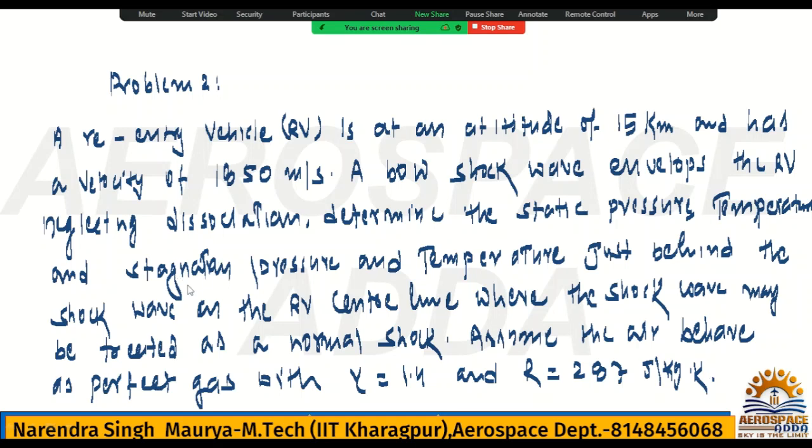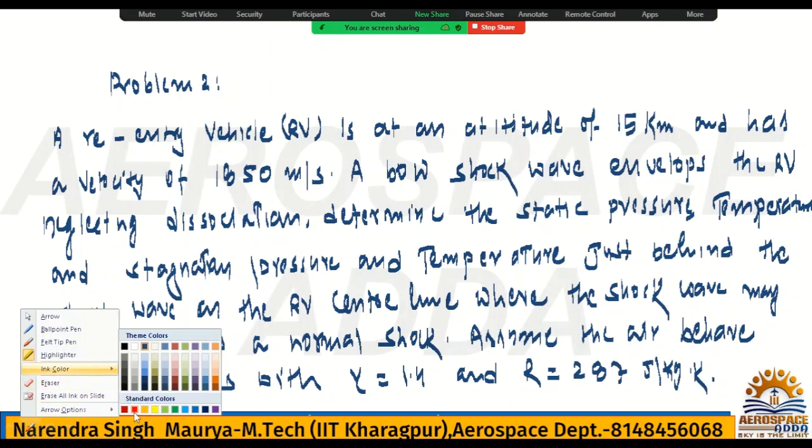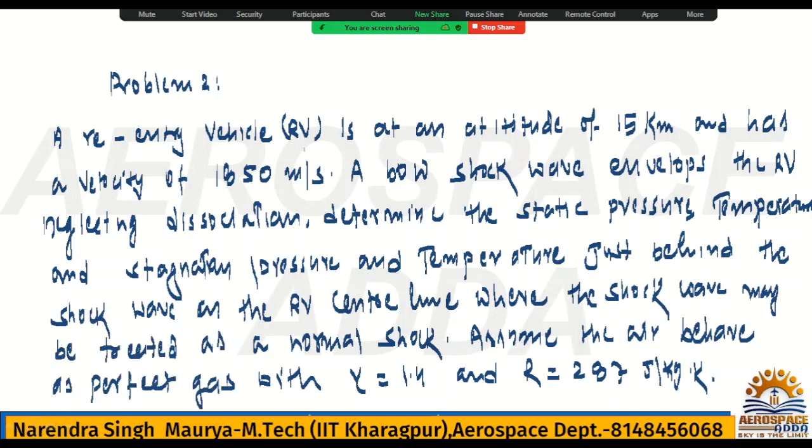So here they have mentioned this is the re-entry vehicle, at 15 km altitude, so the velocity will be very high because it is a re-entry vehicle coming from space to the ground.